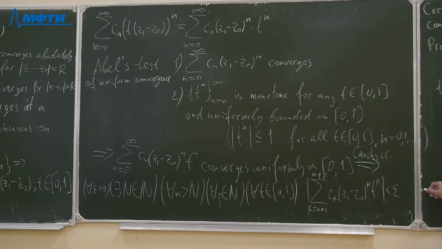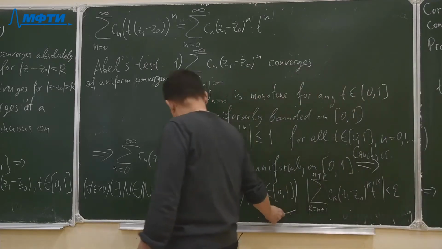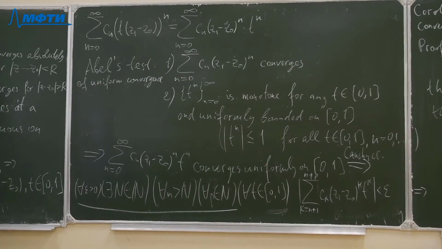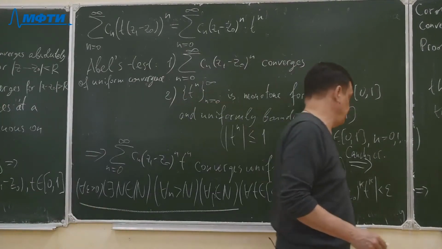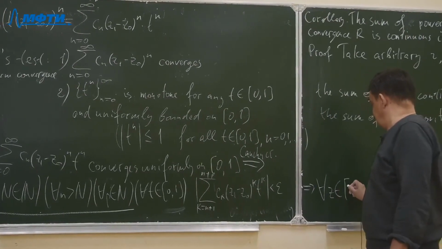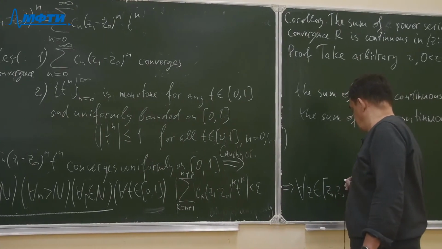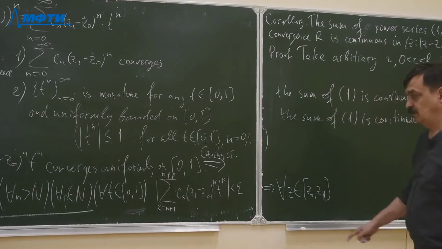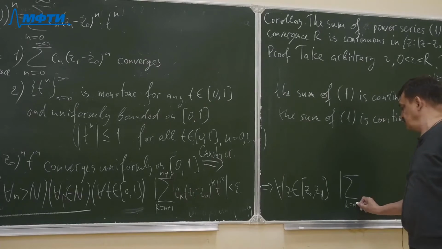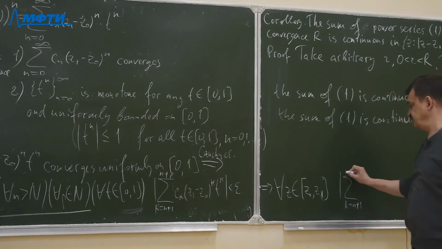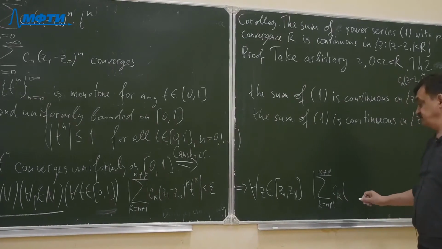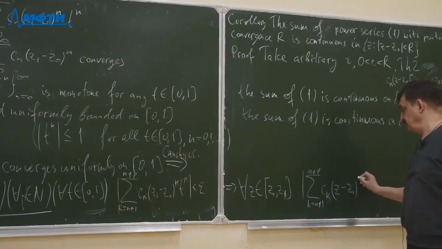And now I preserve all other quantifiers except for the very last, for t, and I can rewrite it that for arbitrary z in the interval z0, z1, what is written here? Here it is written the sum for k from n plus 1 up to n plus p of c_k times z minus z0 to the power k.